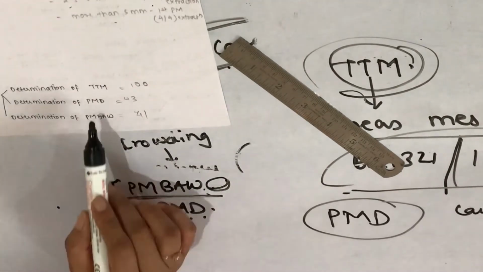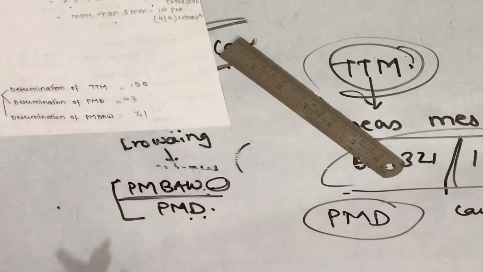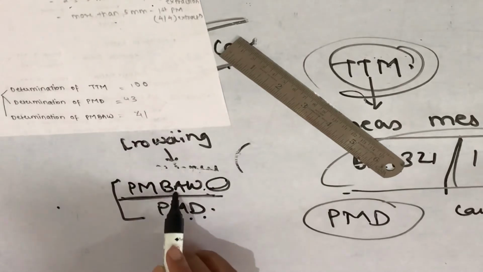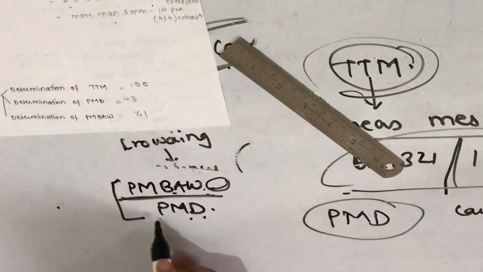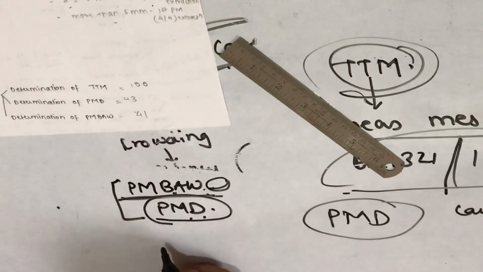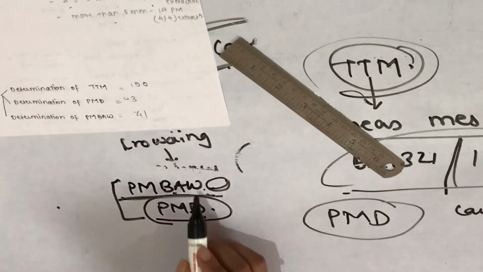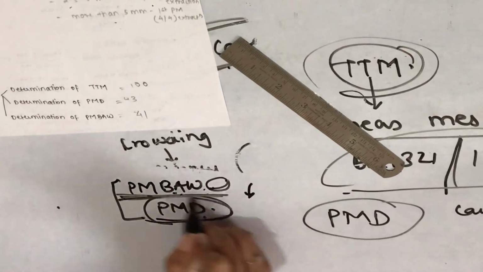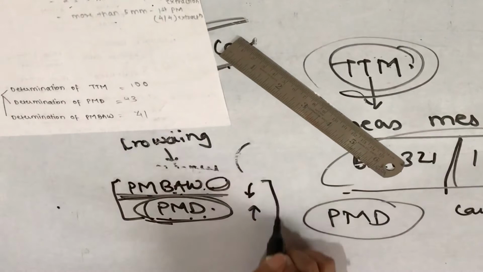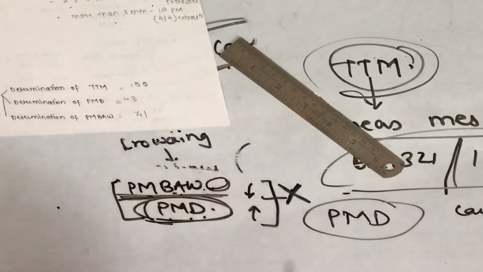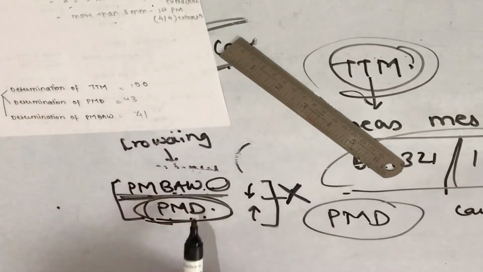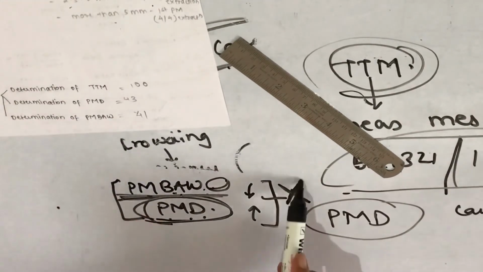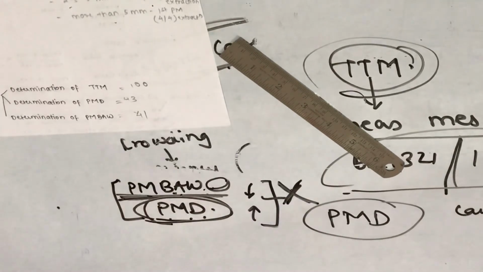And if your premolar basal arch width is less than the premolar diameter, then arch expansion is not possible, because your premolar basal arch width is small and the diameter between the premolars is more. So in that case you cannot do the expansion of the arches.